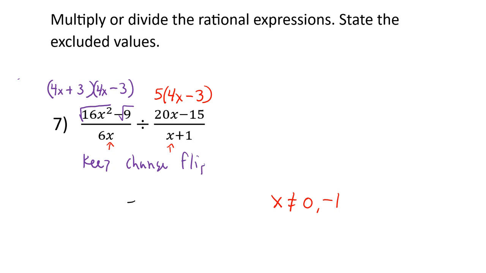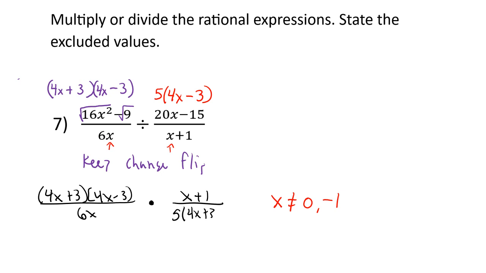So first fraction will stay as 4x plus 3, 4x minus 3, then 6x, change to a times, and then flip, x plus 1's on top, and the 5 times 4x minus 3 is on the bottom.